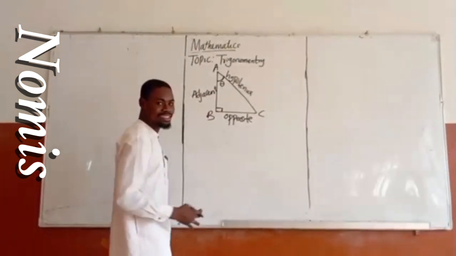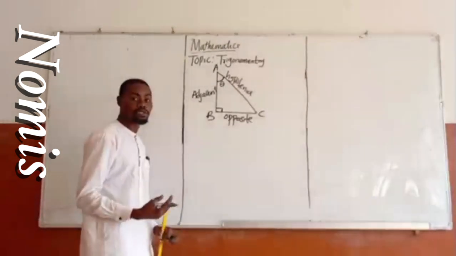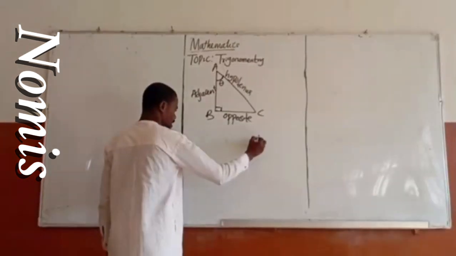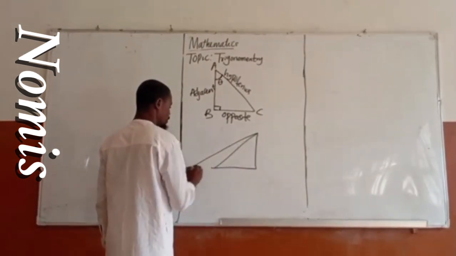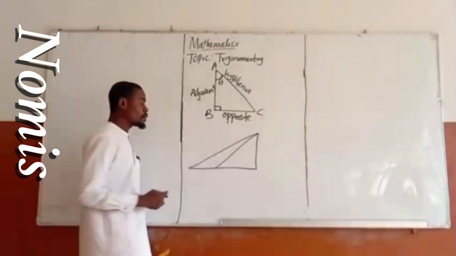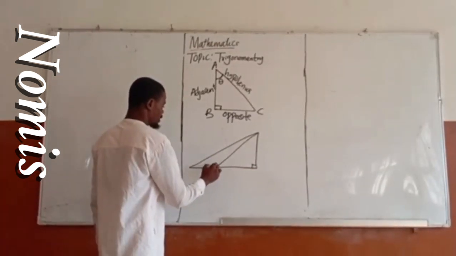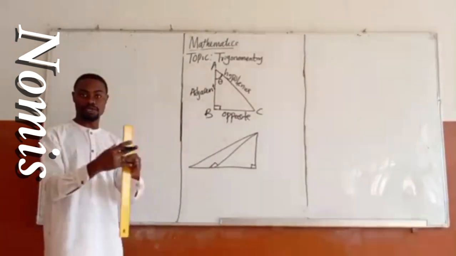Now let's locate the next one. Let me draw another triangle so that you can locate the hypotenuse, the opposite and the adjacent. For example, if you have something like this, this is an angle, this is another one. They are combined together. So now we have a sign here, and we also have another sign here. You see, this sign is true now because the angles are combined together.